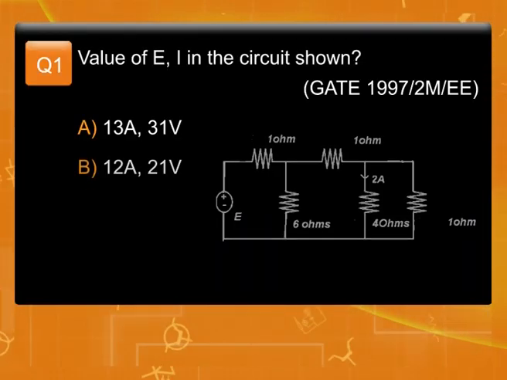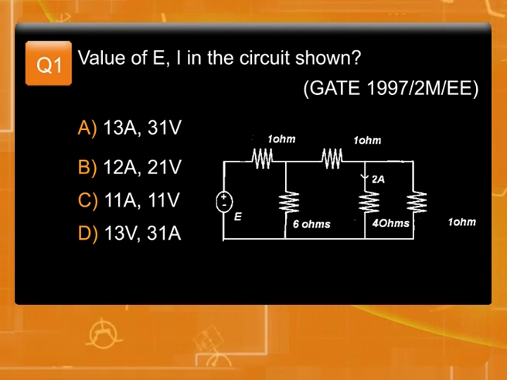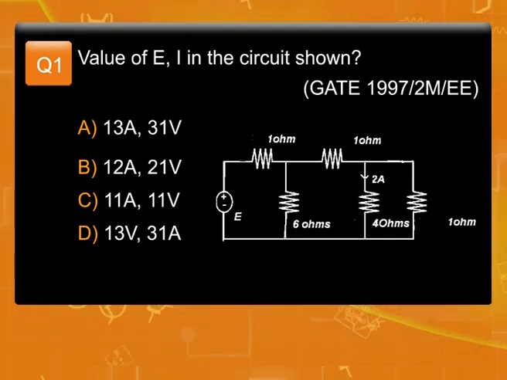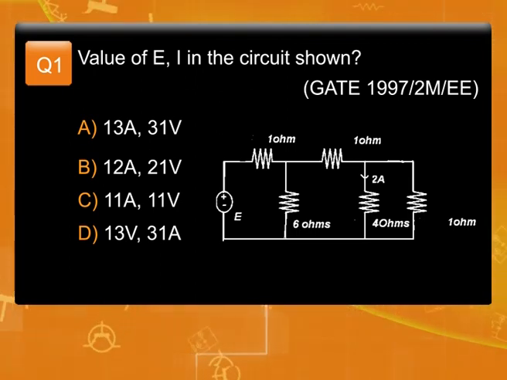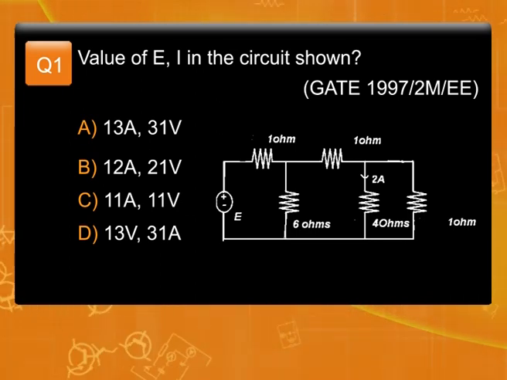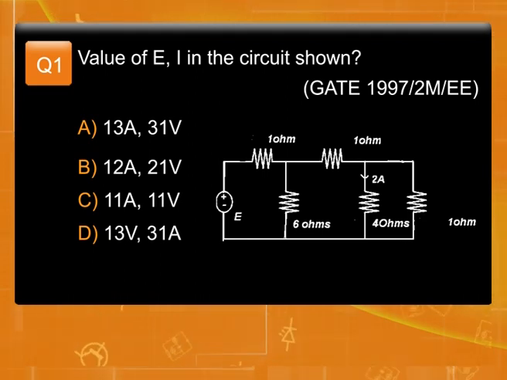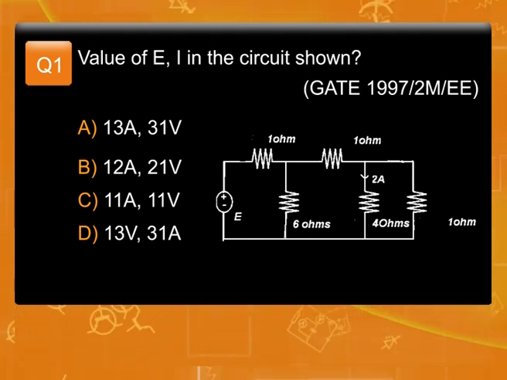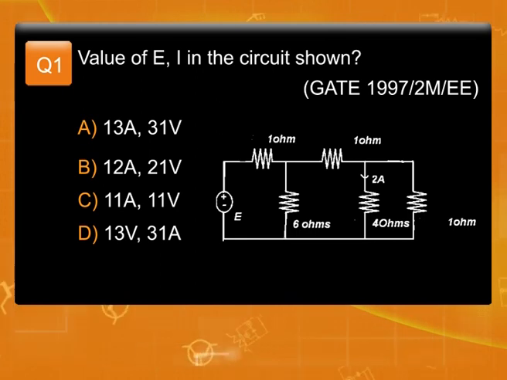As the question says, find the value of I in the circuit shown. We have to calculate the value of E mentioned in the circuit and the value of I in the problem. This is given in GATE 1997, for 2 marks, for EEE.